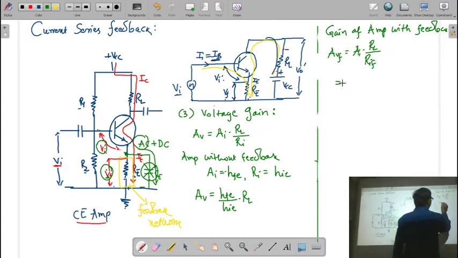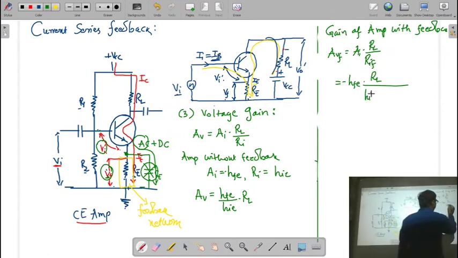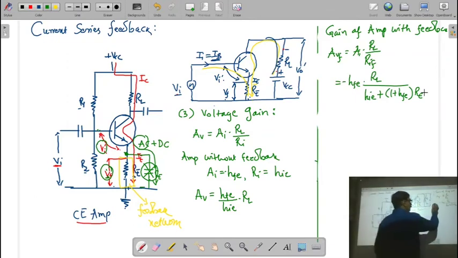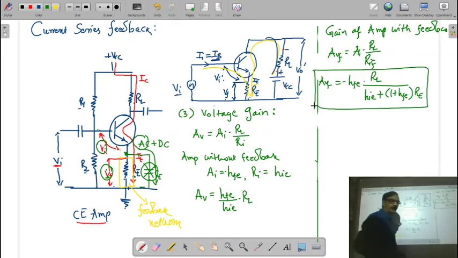And this is equal to minus HFE into RL, and we have already derived the expression for RIF. So it is HIE plus 1 plus HFE into RE. Correct? So this is the gain of the amplifier with feedback. You don't have to derive anything.